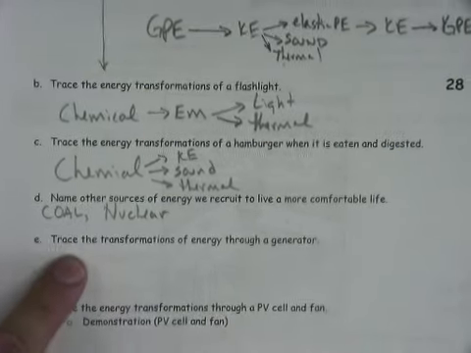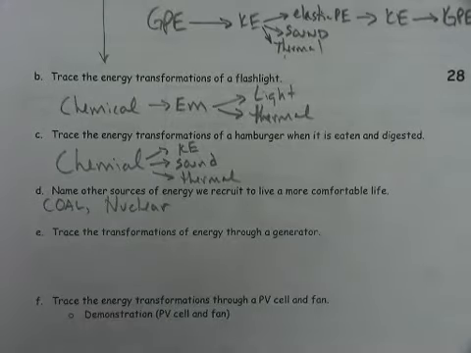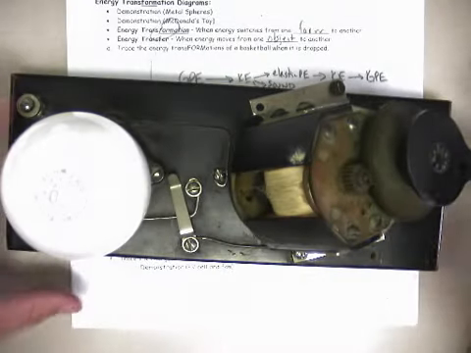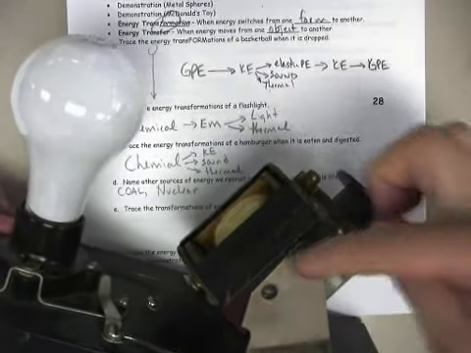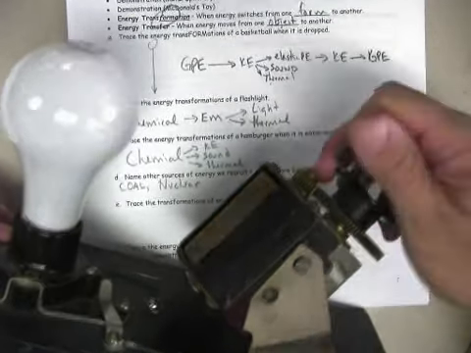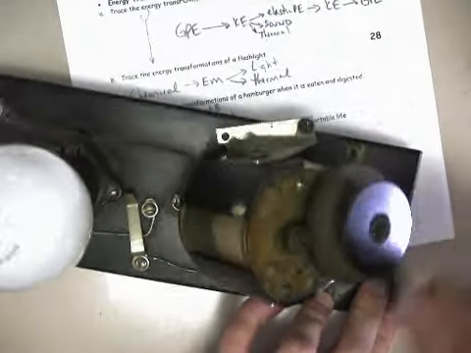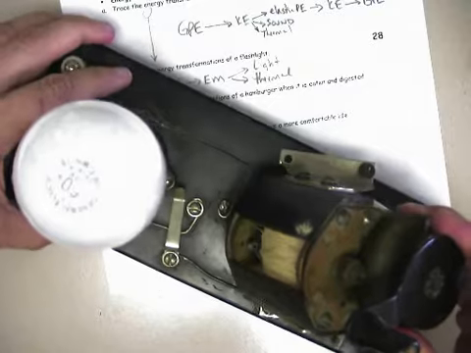Trace the energy transformations of a generator. Now, I've got a better generator that we actually use in class, but I'm going to show this one so you can see. I can get this one on the screen here, and you can kind of see it. It almost looks like a pencil sharpener, but it's got a thing I can turn on the end. This one doesn't work, but you get the idea.